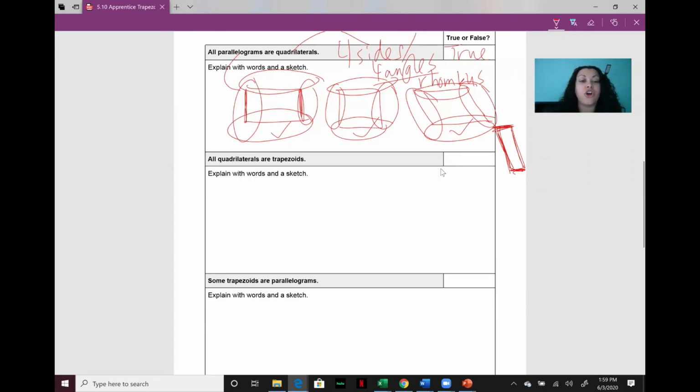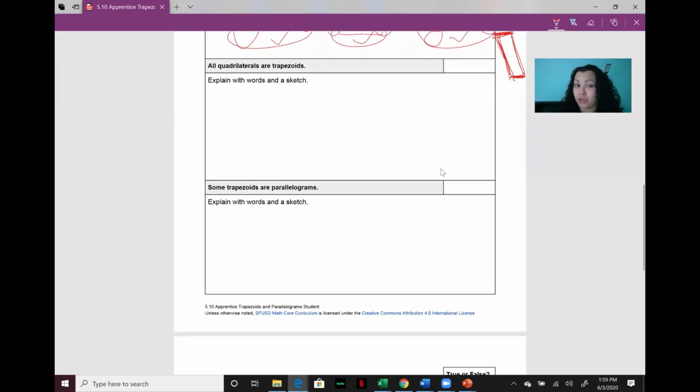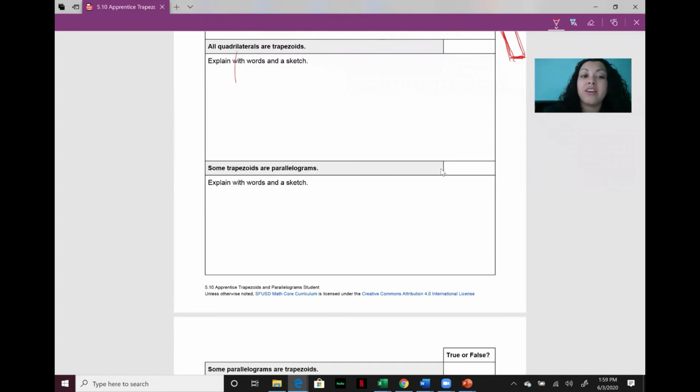The next sentence says all quadrilaterals are trapezoids. So again, if we're saying all quadrilaterals, that's a very big category. Quadrilaterals just mean 4 sides, 4 angles. So then we think about a trapezoid. A trapezoid specifically is a shape that has 1 pair of parallel sides.